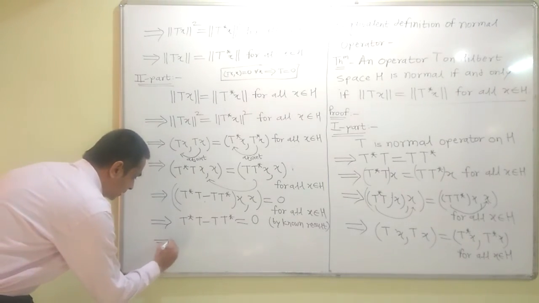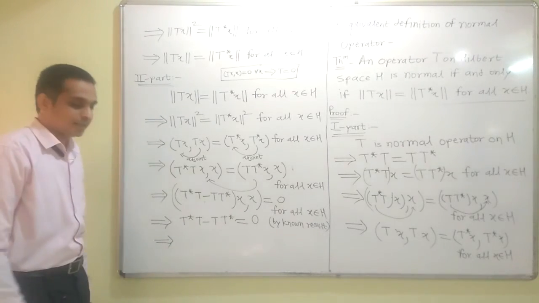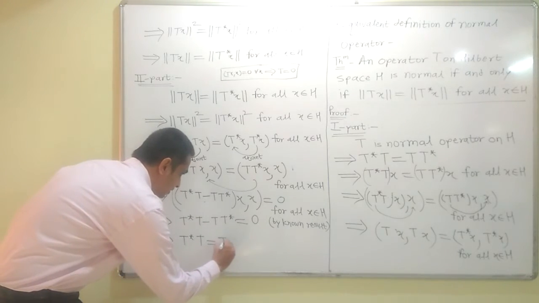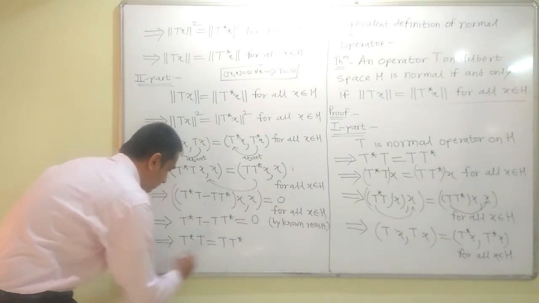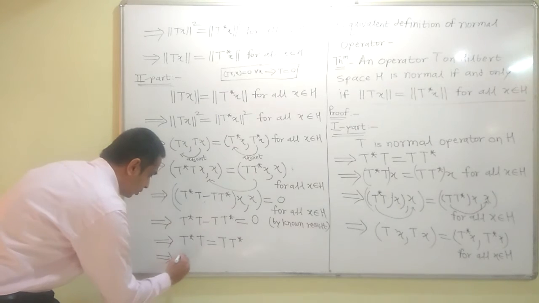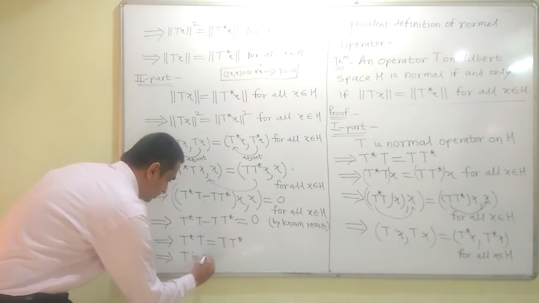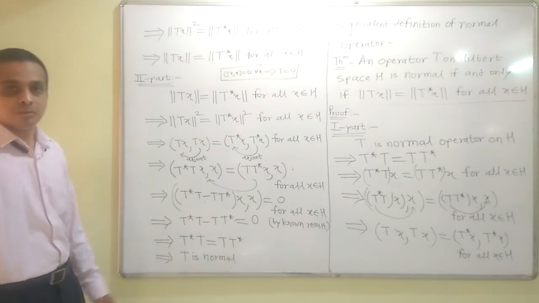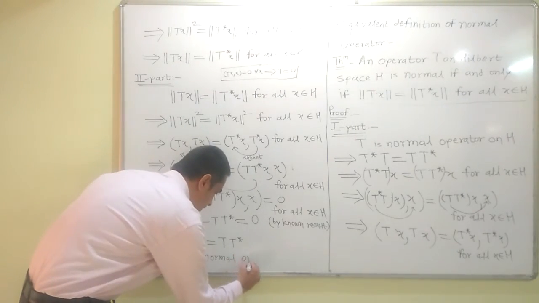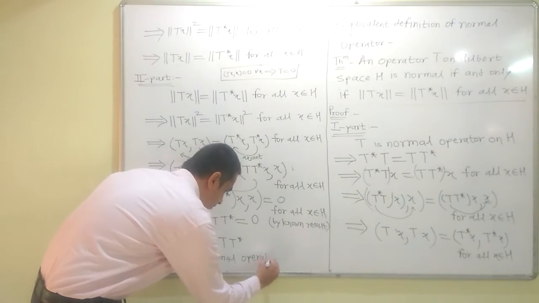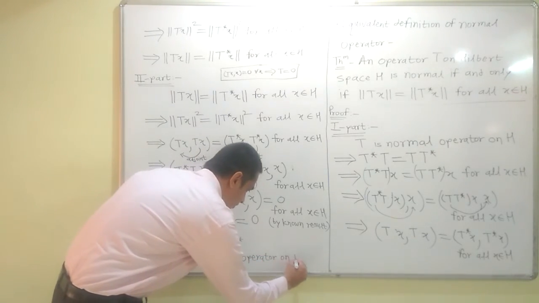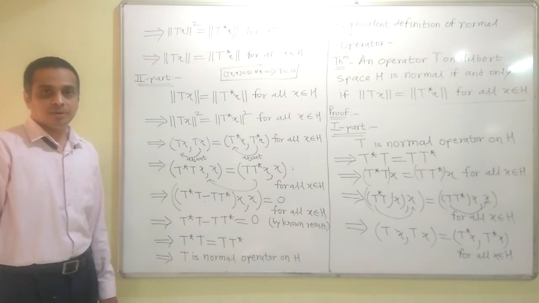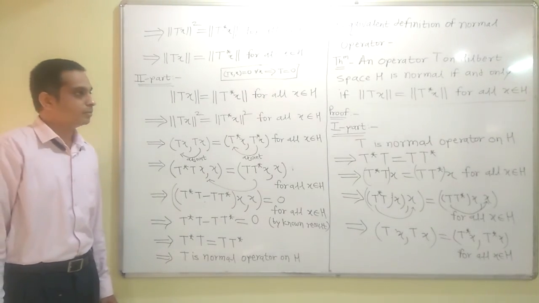This implies that T*T equals TT*, and this implies that T is a normal operator on H. So this completes the proof of the equivalent definition of normal operator.